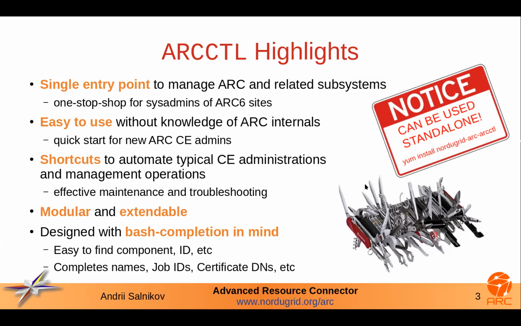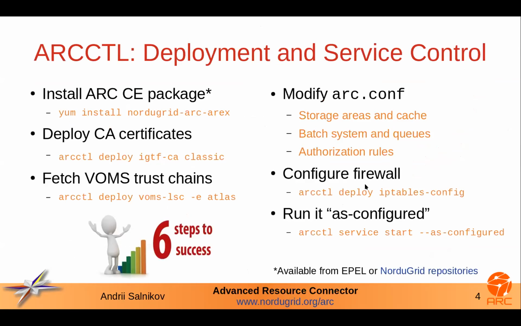Let's go further. So let's start with all these 6 steps, and continue from the perspective of ARCCTL, what it is able to do for you. After you install the main package, you actually can do everything else just with ARCCTL. So you need trusted certificate authorities. Okay, we have third-party deployment functionality, and you can run ARCCTL deploy with just one command.